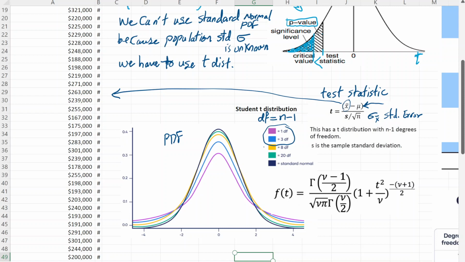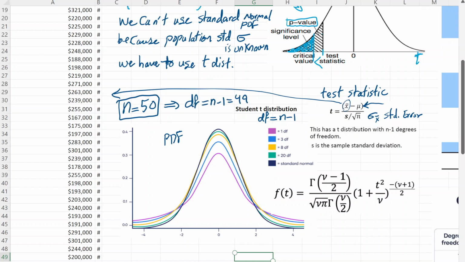But as the sample size grows larger, the delta between the t and the standard normal becomes less and less. At some point, especially when we get to a sample size of 100, we can say approximately t is the same as normal. So we can use normal when the sample size is above 100. But in this case, the sample size is 50, so we need to stick to the t distribution. As a result, the degree of freedom, n minus 1, is 49.